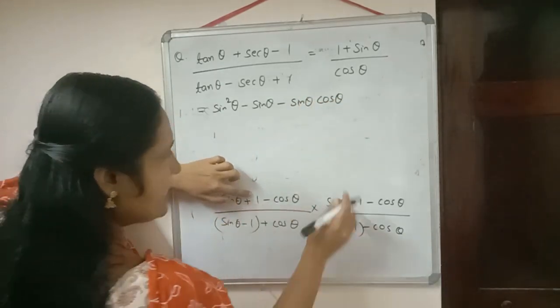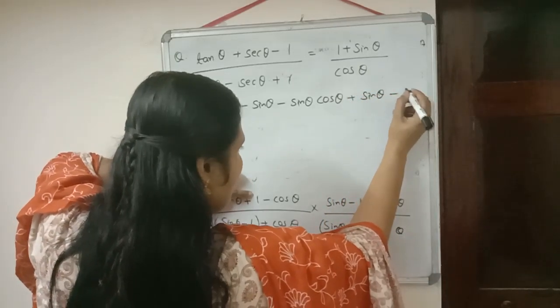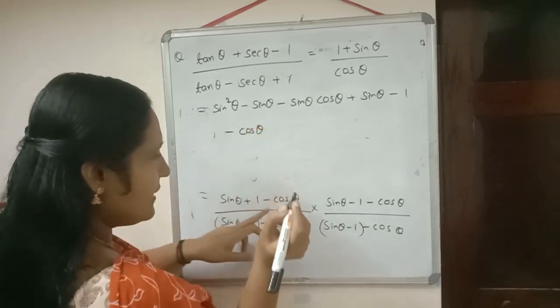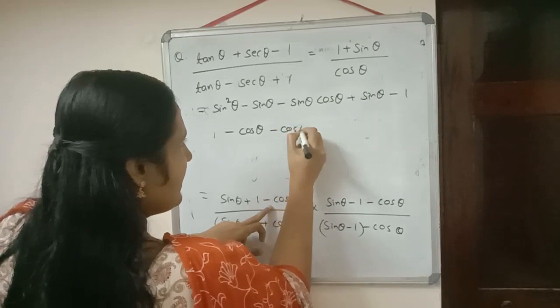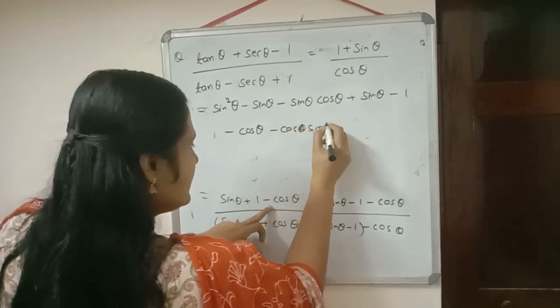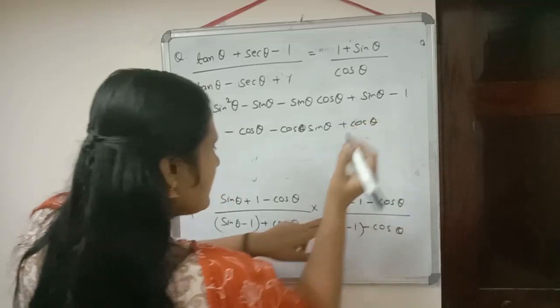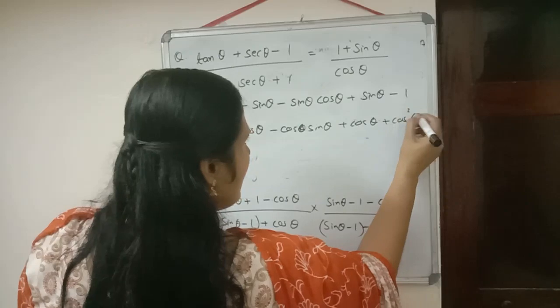Then 1 will be multiplied by all, so we get sin theta minus 1 minus cos theta. Then minus cos theta gets multiplied, so we get minus cos theta sin theta, minus cos theta into minus 1 gives plus cos theta, and then plus cos square theta.